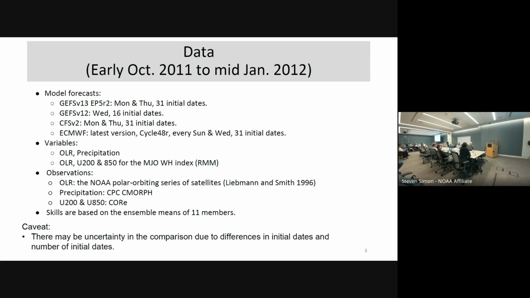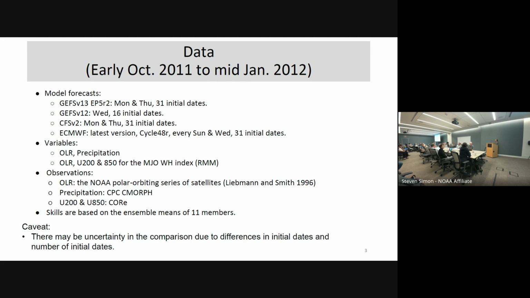The current version GEFSv12 was on Wednesdays, a total of 16 initial days. CFSv2 forecasts are available at the same initial days as the EP5R2. ECMWF's forecasts are available on Sundays and Wednesdays.